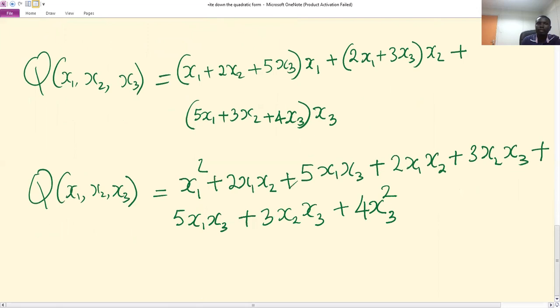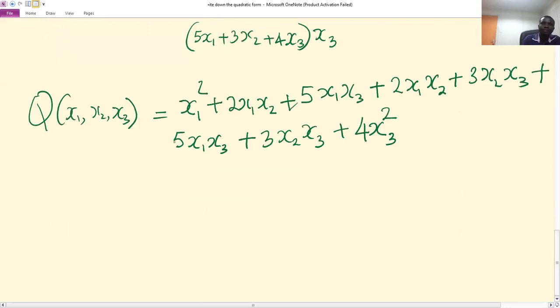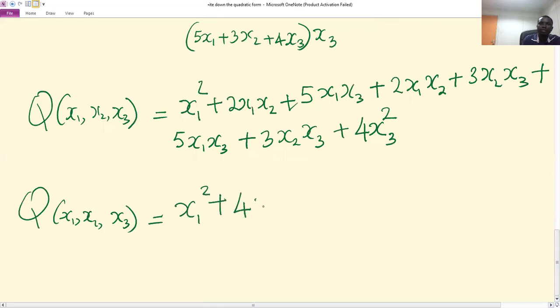So this will be Q of x1, x2, x3. We have x1 squared plus 4x3 squared, and then 2x1x2 and 2x1x2 will be 4x1x2. So this is taken care of.